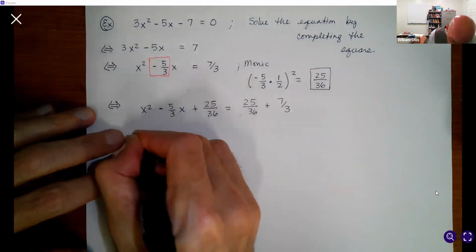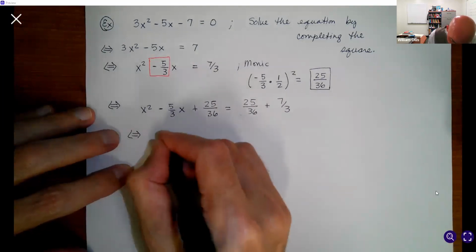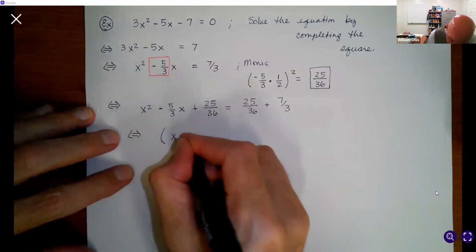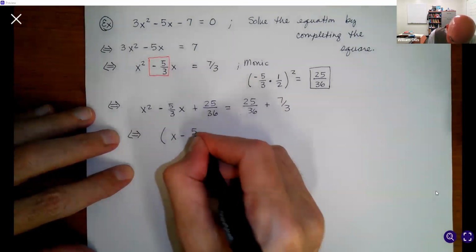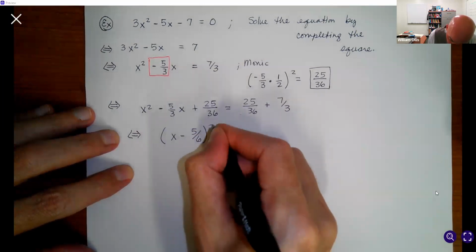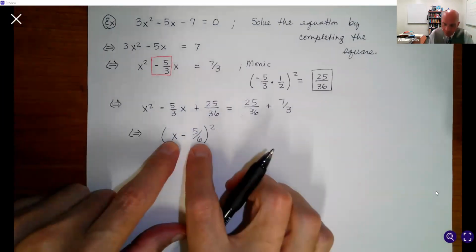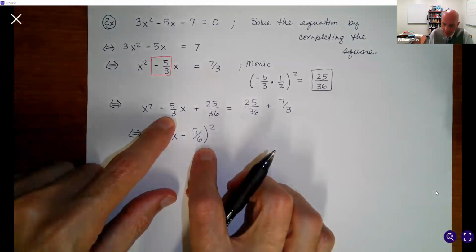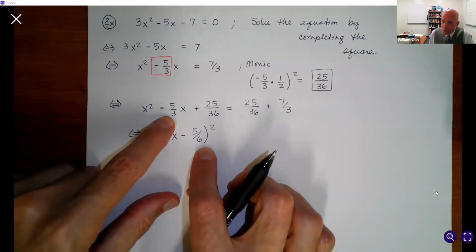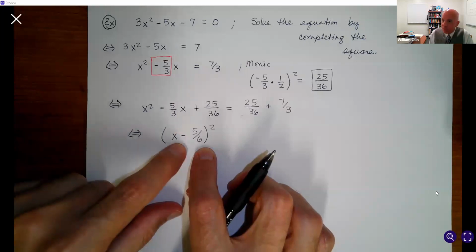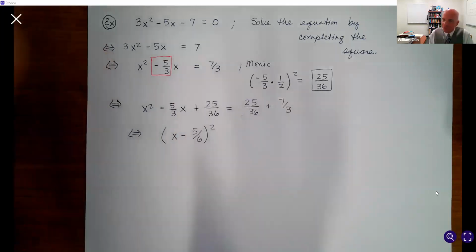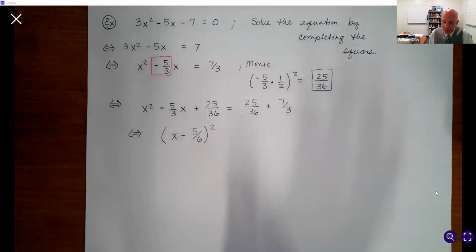So now, equivalently, we have x minus 5 over 6 quantity squared. Notice when you multiply these and hit it with the 2, you get the negative 5/3 x using the perfect square formula. Now we have a minus instead of a plus, so we have to be flexible with our completing the square.